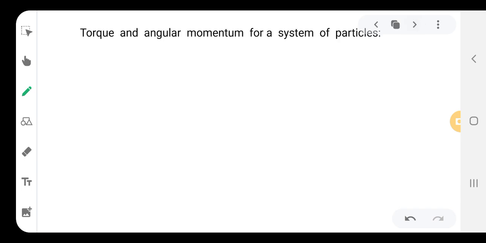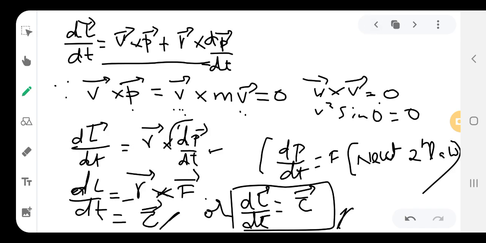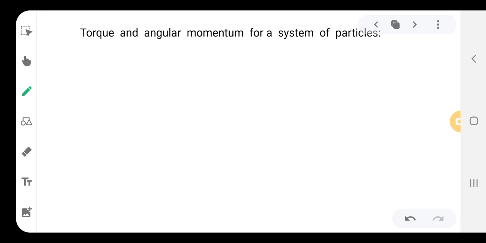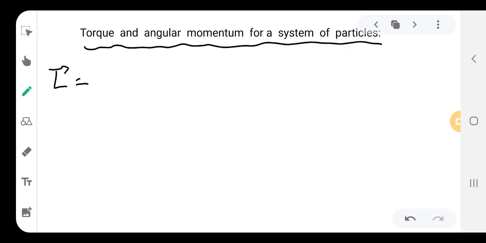Now let us go to torque and angular momentum of a system of particles. So now, we have seen it for the single particle; we will see it for the system of particles. The total vector, the sum of the individual angular momenta of the particles, is L vector equal to L1 vector plus L2 vector plus L3 vector, and so on up to Ln vector.